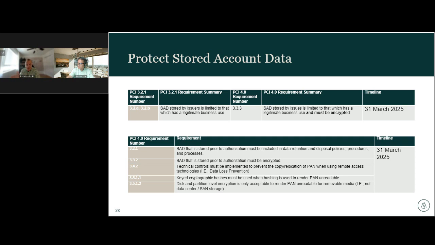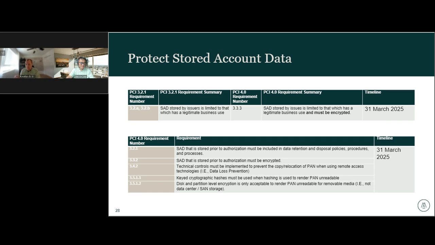I'm going to bounce back to the clarified requirements in the top table real quick, though, because this is for issuers. Issuers are another category of organizations, and there are probably not a lot of issuers on the call. I know there's a couple, but issuers can store sensitive authentication data after authorization. They're the only group of organizations that can.